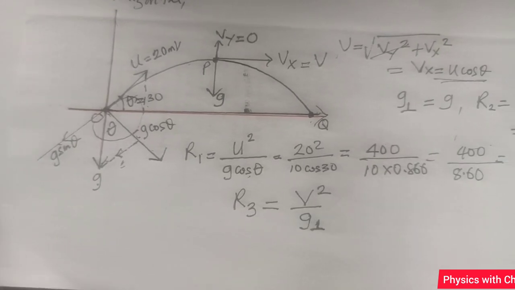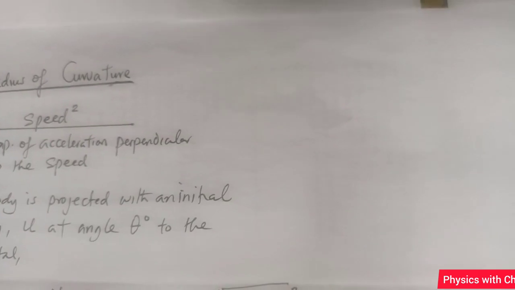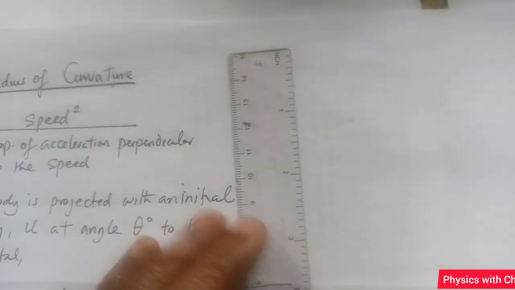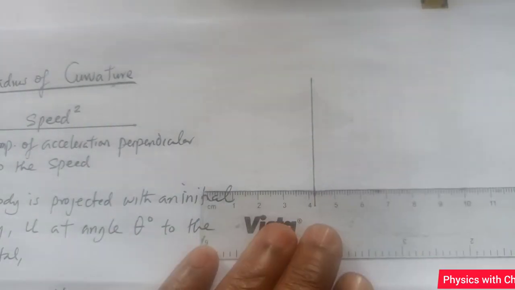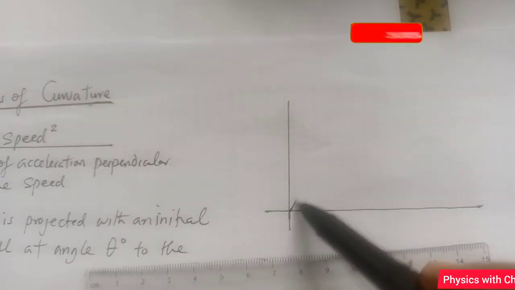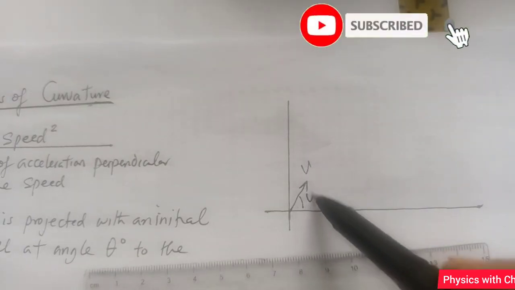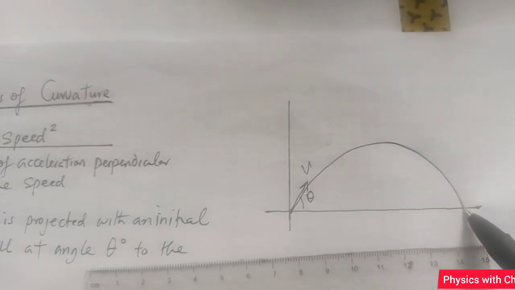So for clarity, let me quickly redraw this diagram where I have enough space to show you how the parameters there are acting. So let's say this is still the graph of the vertical displacement against the horizontal displacement of the body. Okay, this is my u, this my angle theta, it goes like this and hits the ground here.